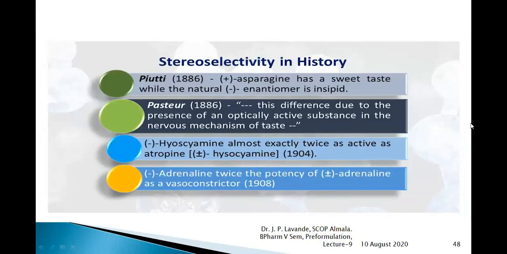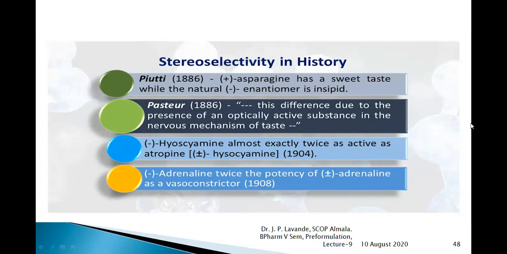Now here are some examples of stereoselectivity from history. You can see in 1886 the example of asparagine and its existence as an enantiomer. One form of asparagine has a sweet taste, while the natural enantiomer is insipid.